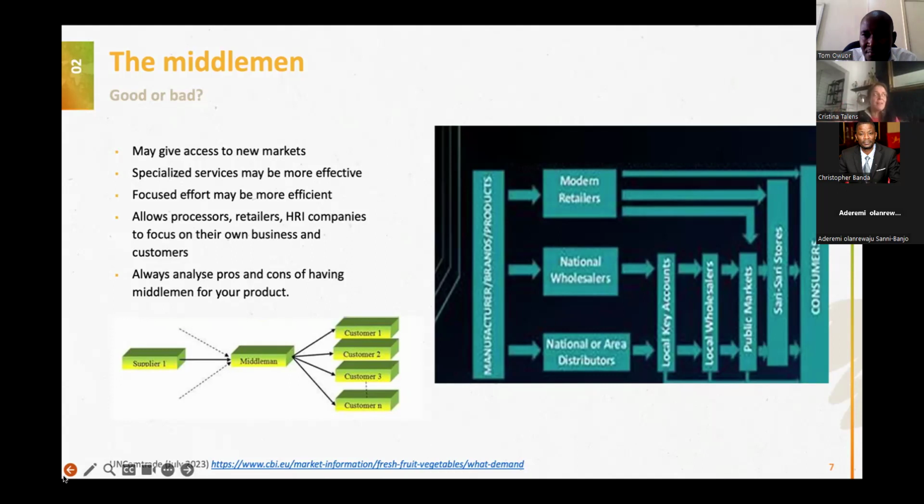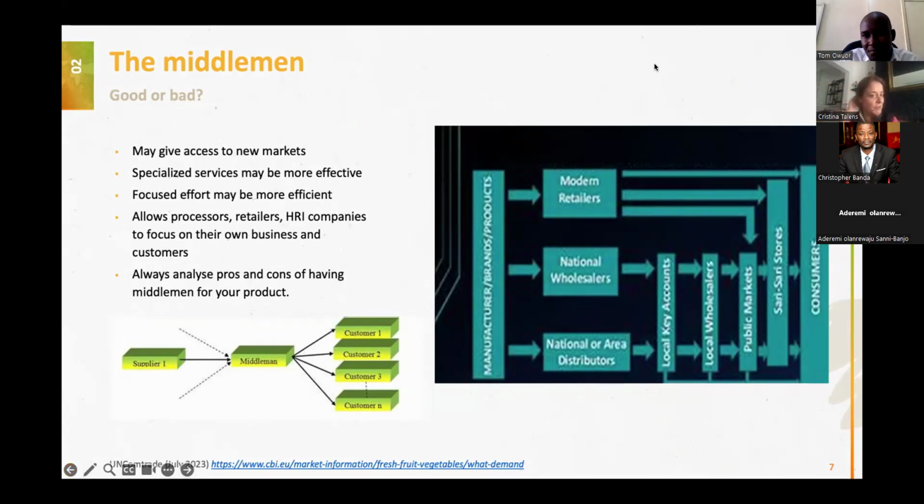But it might be that, when volumes grow, it might not be something that is attractive to you. The fact that they have a focused effort in a market or in a product may mean that they're more efficient. They know about packaging, they know about palletizing, they know about the paperwork, they know the consumers, etc. It might be much quicker to go through them.